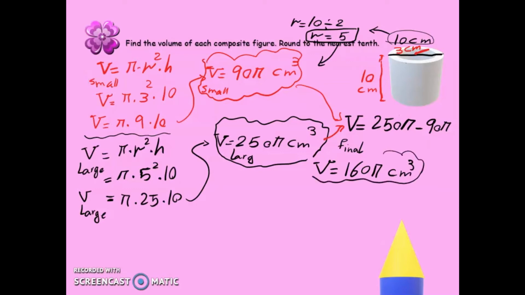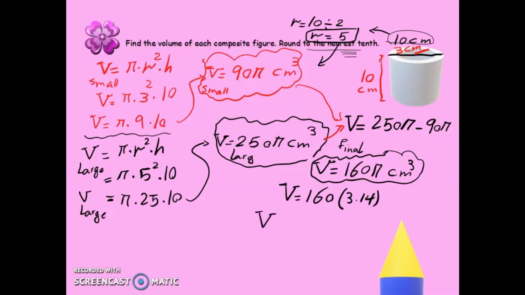But look at the question. Your teacher or textbook is asking you to find the answer to the nearest tenth. It means you have to change the pi to 3.14 and find the approximate value. Therefore, 160, instead of pi, I have to substitute 3.14.